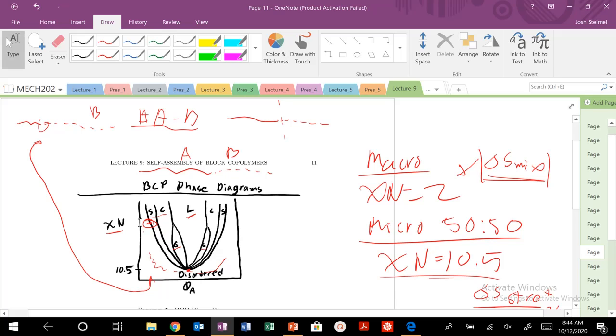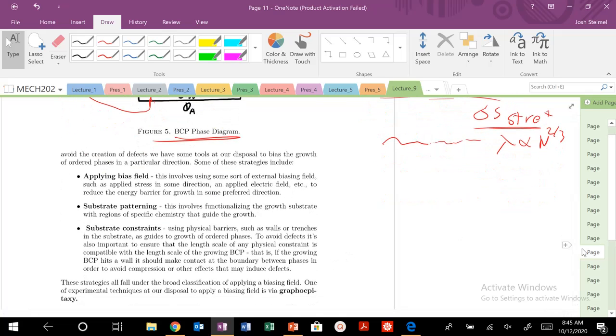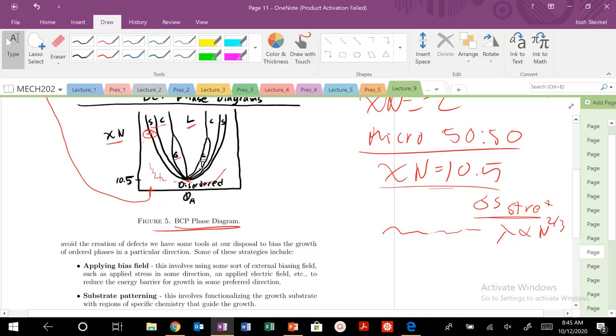So I really like the intuition in this phase diagram, so you can see what's happening here. We're not going to derive the entire phase diagram or the critical chi-n for the whole phase diagram, but this is a general formalism. You can apply it to these different microstructures, these different microphase separations. This is our toolbox, our toolkit.